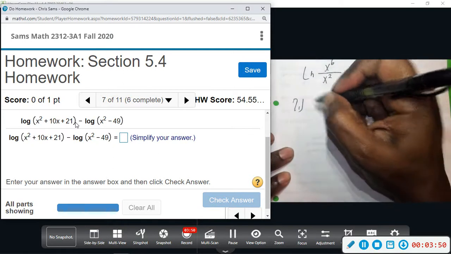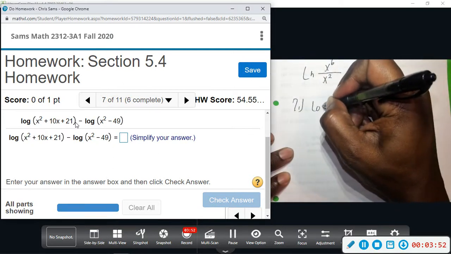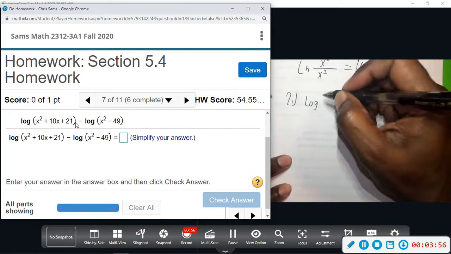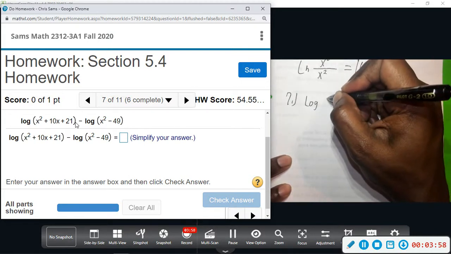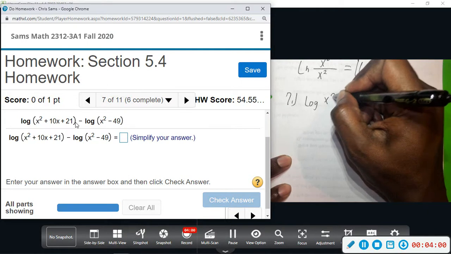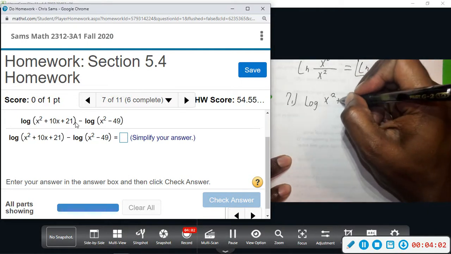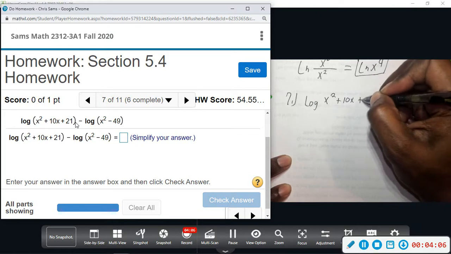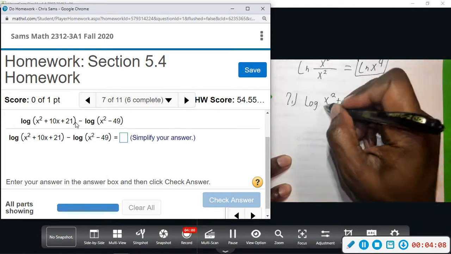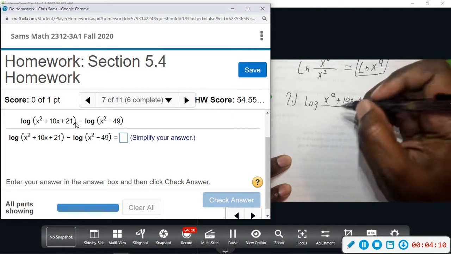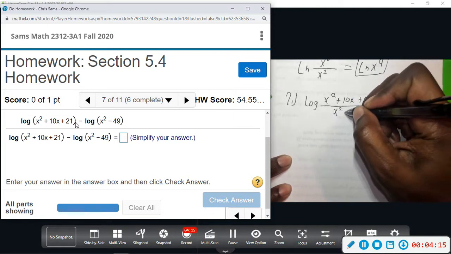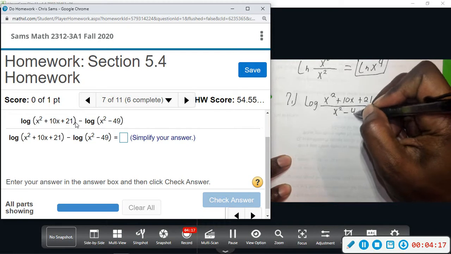So we can write log of all of this, x squared plus 10x plus 21, all divided by x squared minus 49.